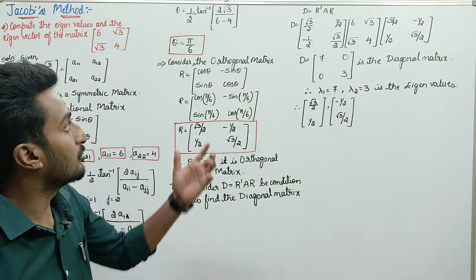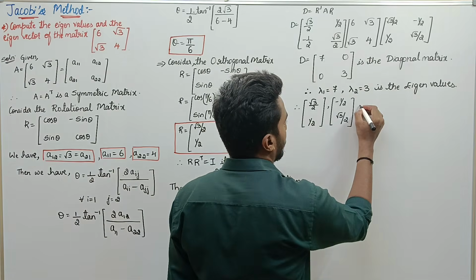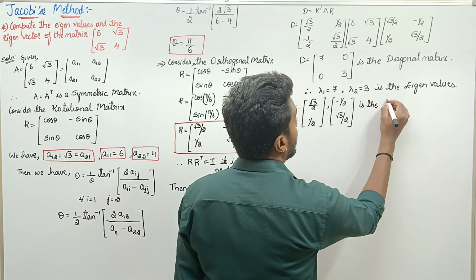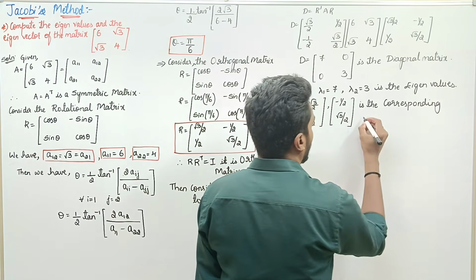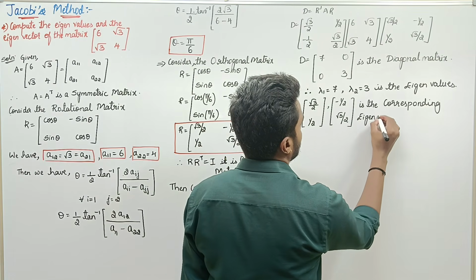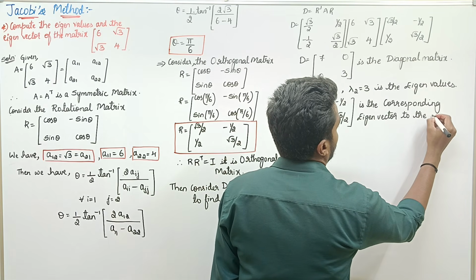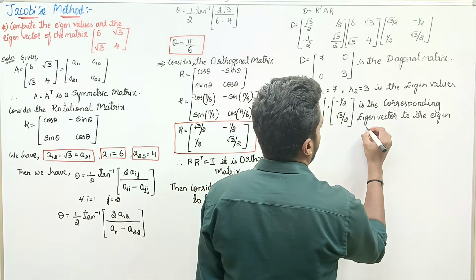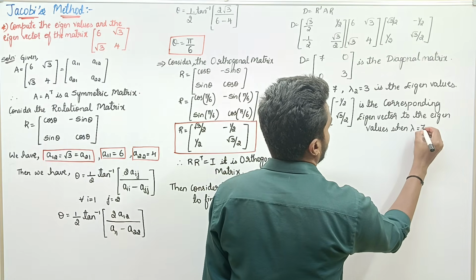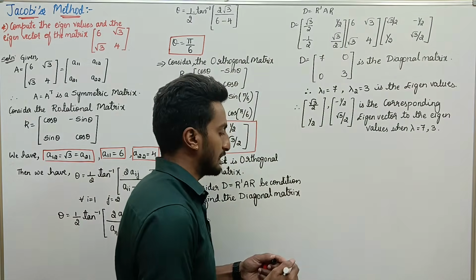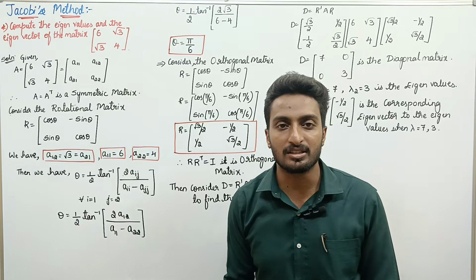Whatever orthogonal matrix R you find, those will be the eigenvectors corresponding to the eigenvalues when lambda equals 7, 3. Got the point? This is how you are supposed to represent Jacobi's method for the given matrix.